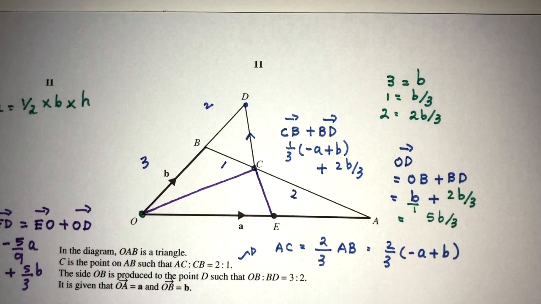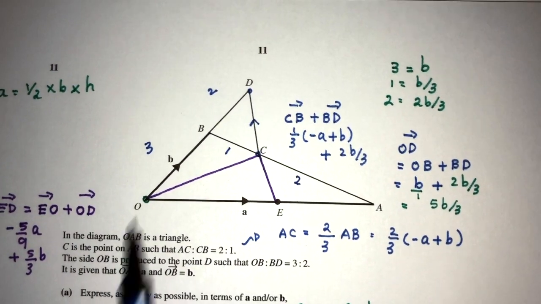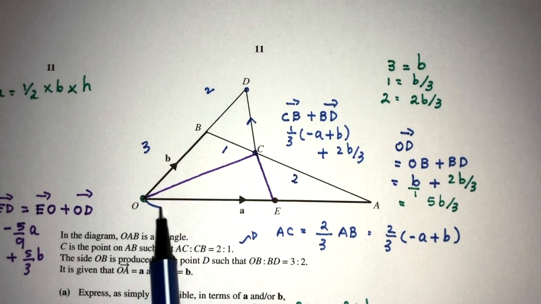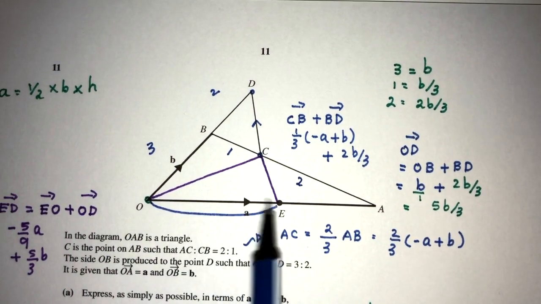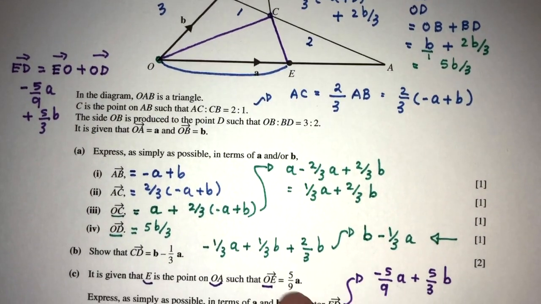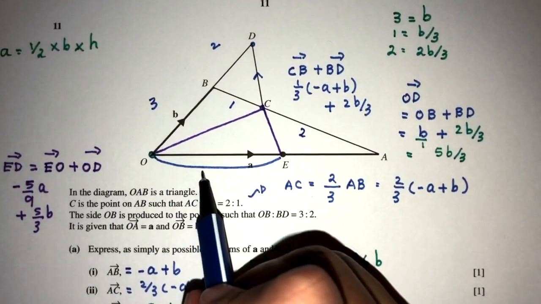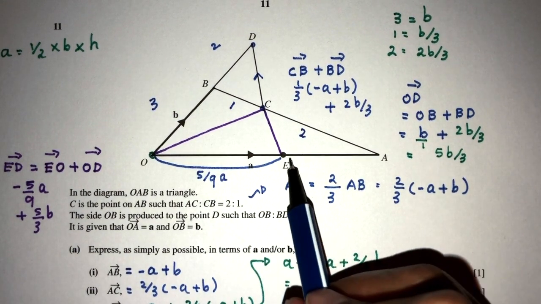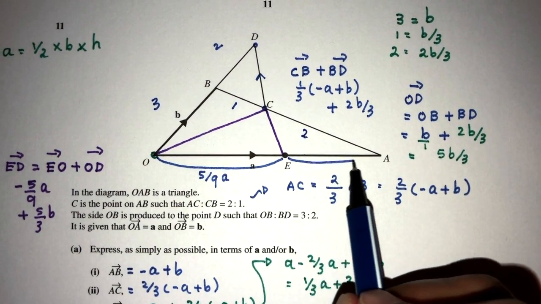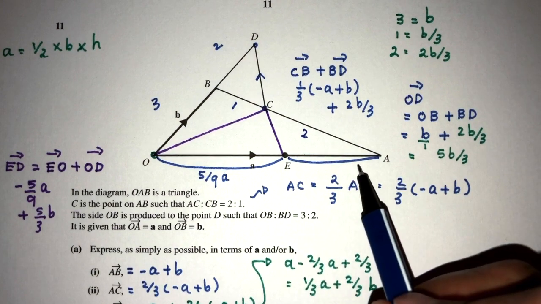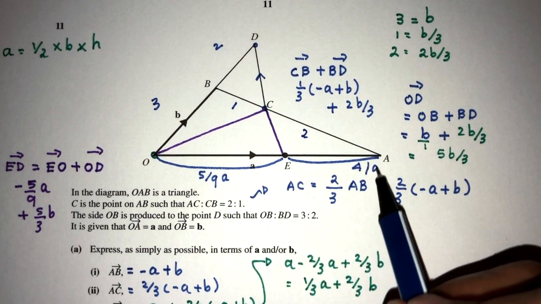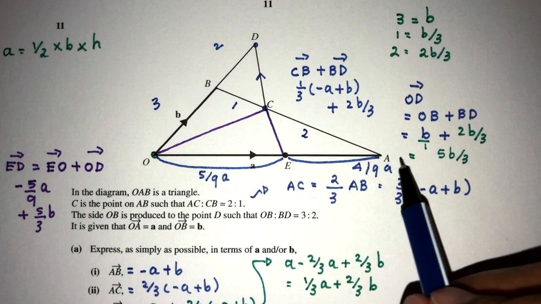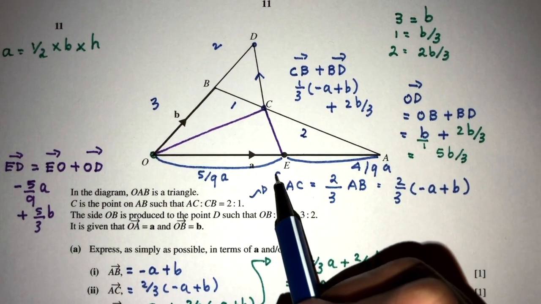Okay, so now we know this is the base here. OE, what is the value of OE? It is given to you by 5 over 9a, right? So 5 over 9a will be this value. So from this you can conclude that the base EA should be 4 over 9. Why? Because you know that OA is A, right?